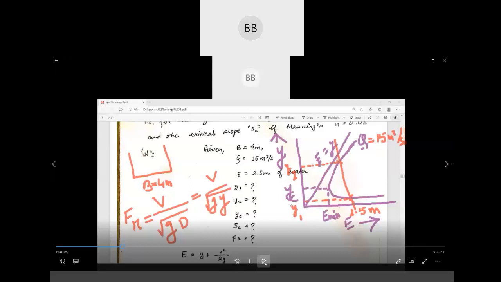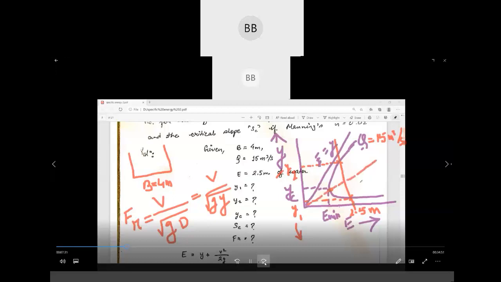So for each depth, what will be the Froude number? For y1, what will be the Froude number? For y2, what will be the Froude number? We need to calculate. First we need to find y1 and y2, and if you remember, this is your critical point or minimum energy, and if you draw a line, it divides into two halves.